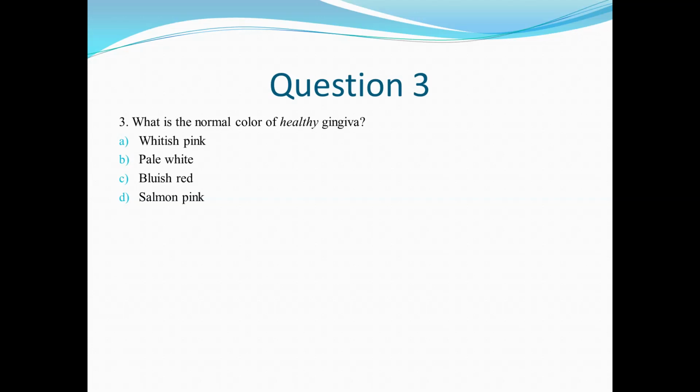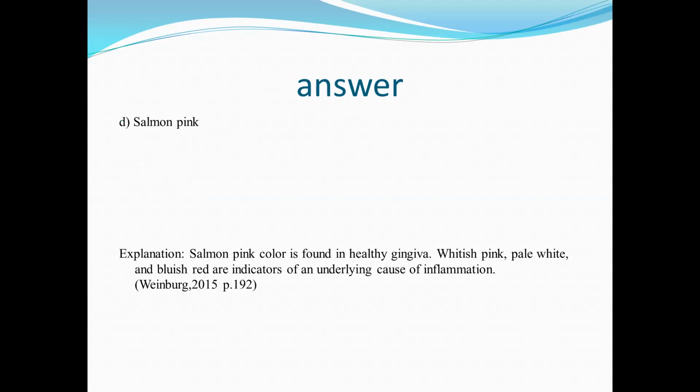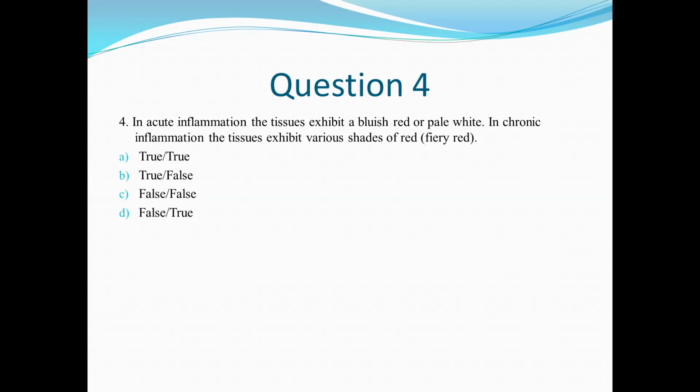It's very fibrotic, as well as the whitish pink. When you see white involved, there's a lack of circulation. In an acute inflammation, the tissues exhibit a bluish red or pale white. In chronic inflammation, the tissues exhibit various shades of red. Oh, good grief. I can't keep my mouth shut for the life of me, can I?